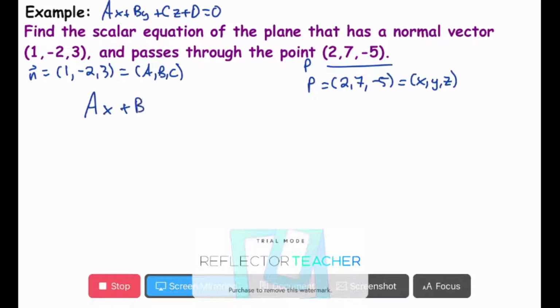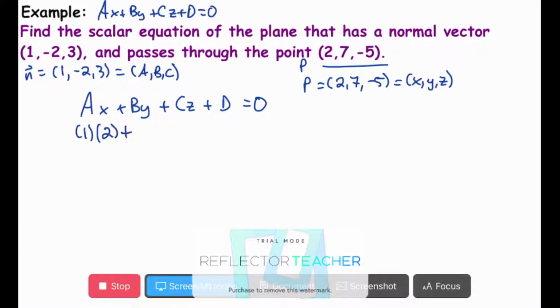Ax plus By plus Cz plus D equals 0. Let's plug in our values. A is 1, x is 2, plus b is -2, y is 7, plus c is 3, z is -5, plus d equals 0. That's not too bad. It's just a matter of doing the math.